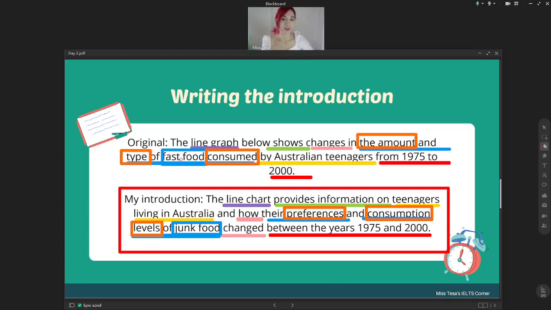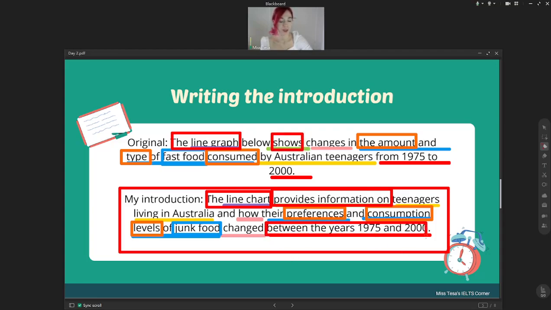And I just want to say that the line chart versus the line graph, provides information on, shows, between the years 1975 and from 1975 to 2000. These are things that you can use in every essay. Basically, you're gonna paraphrase. I mean, if it's a line chart, yeah. If it's not a line chart, let's say it's a pie graph, right?